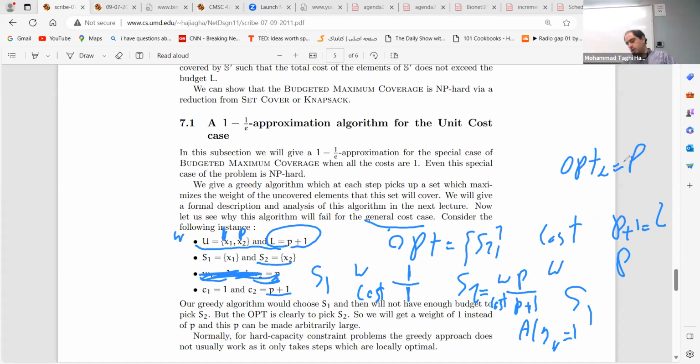Generally, this is the problem for hard-capacitated problems. So what is the meaning of hard-capacitated versus soft-capacitated? This is something that we hear a lot in the network design community.